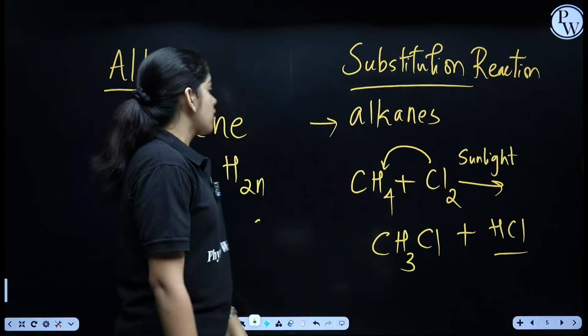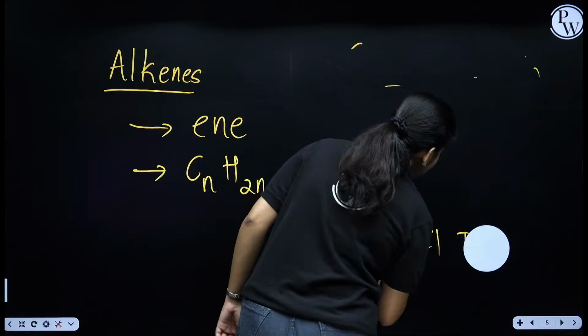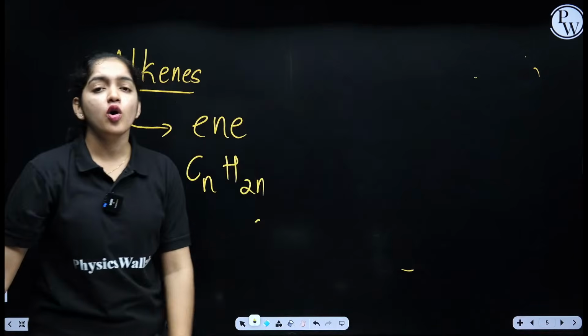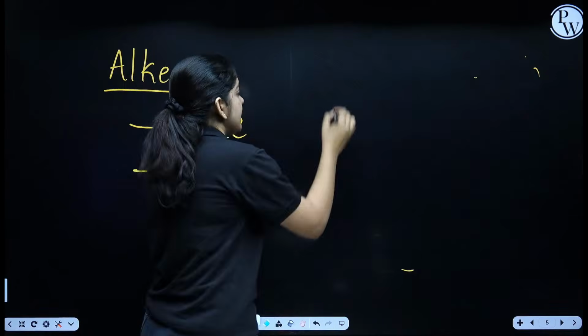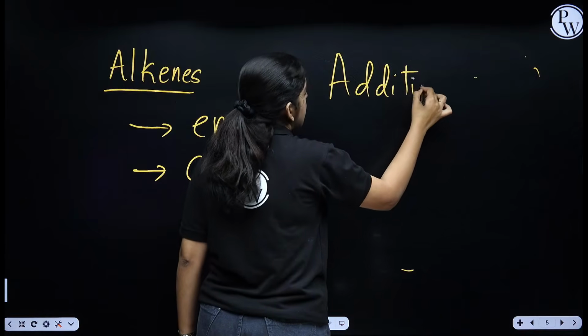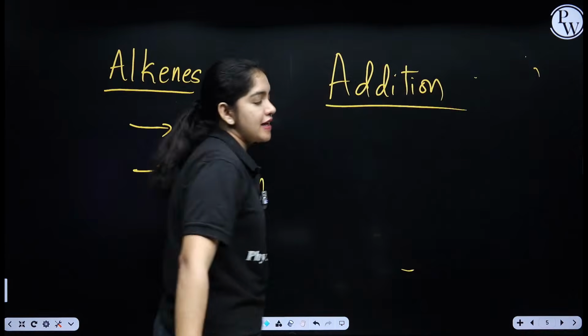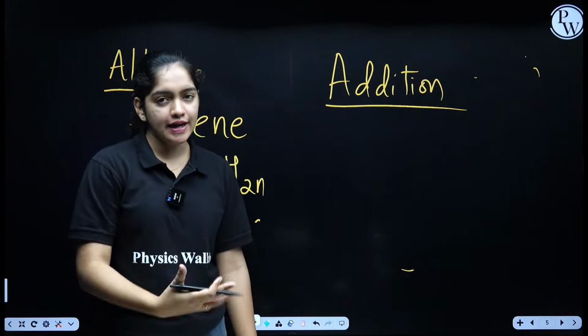Now, in the case of alkene, it won't undergo substitution reaction. It will undergo only addition reaction, and it is very, very important in our class 12. We are going to learn a lot of addition reactions. What is meant by addition? Adding, which we already learned in maths, right? Adding, subtracting, like that.